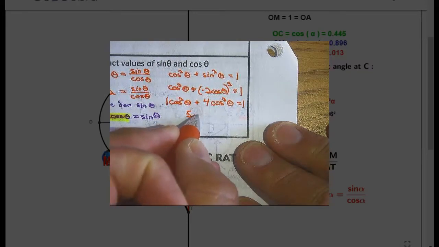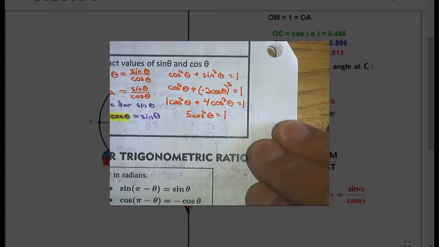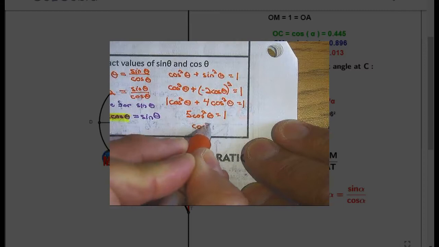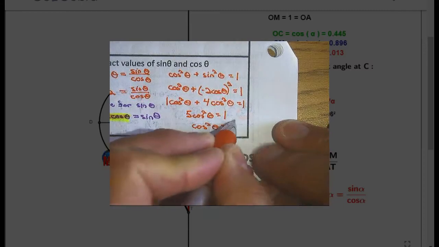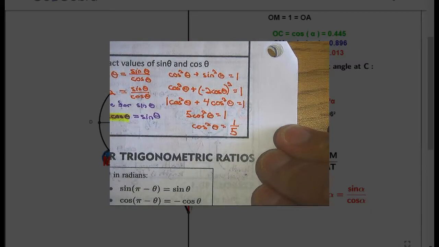That's 5 cosine squared theta. Okay, divide by 5. And take the square root.